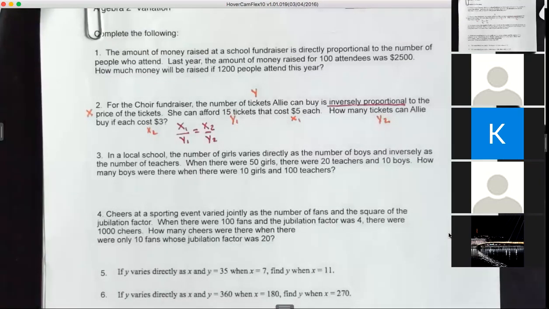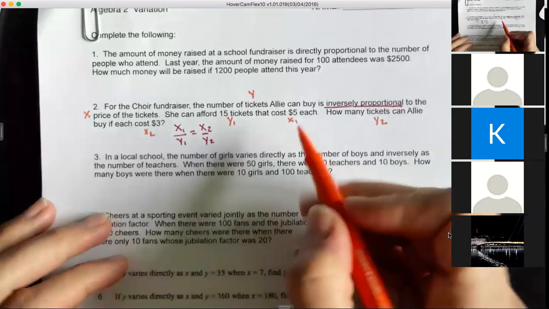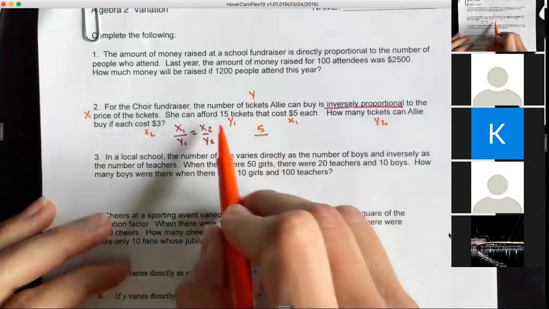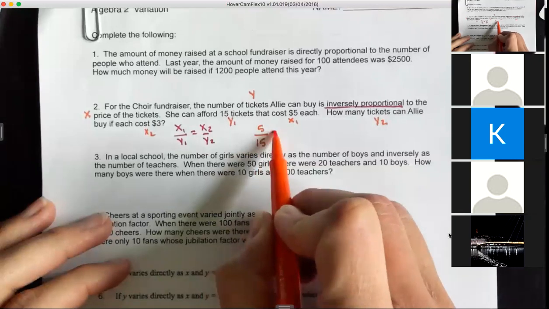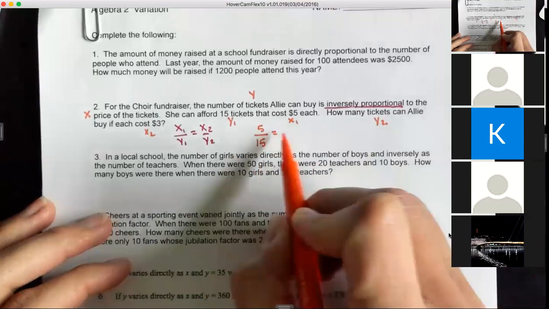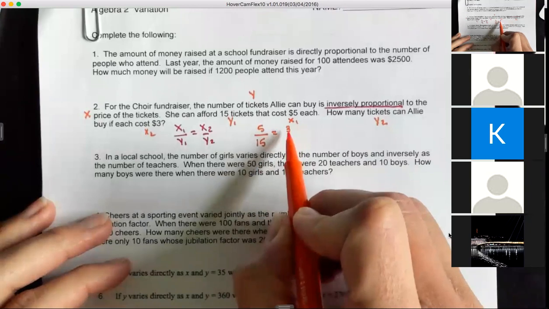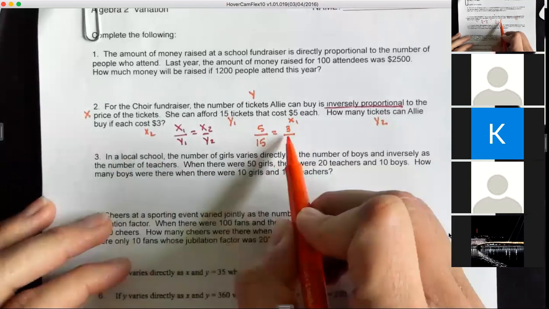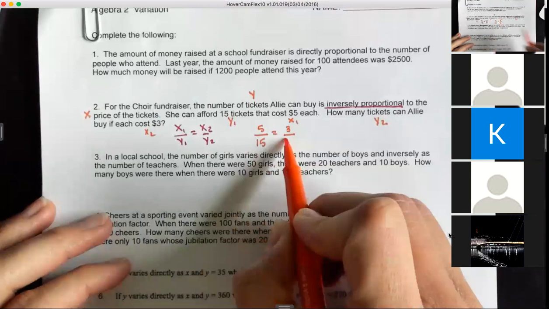And label, of course. So X1 is 5, Y1 is 15, X2 is 3, and Y2 is our unknown number of tickets.